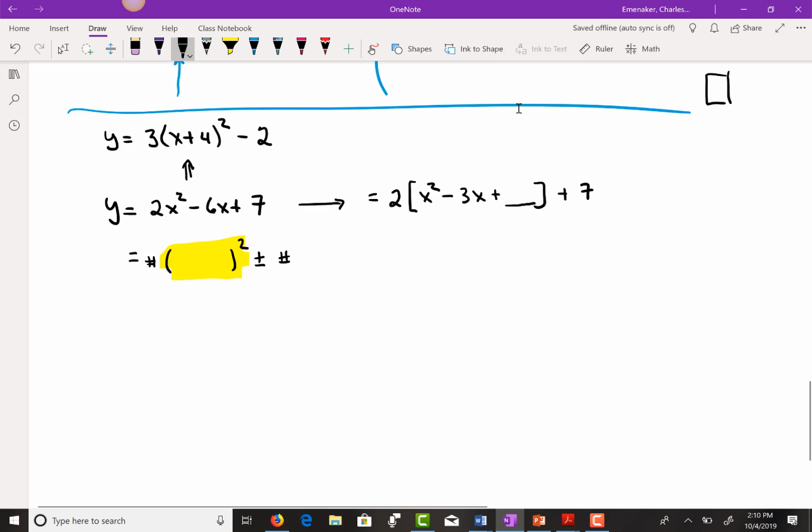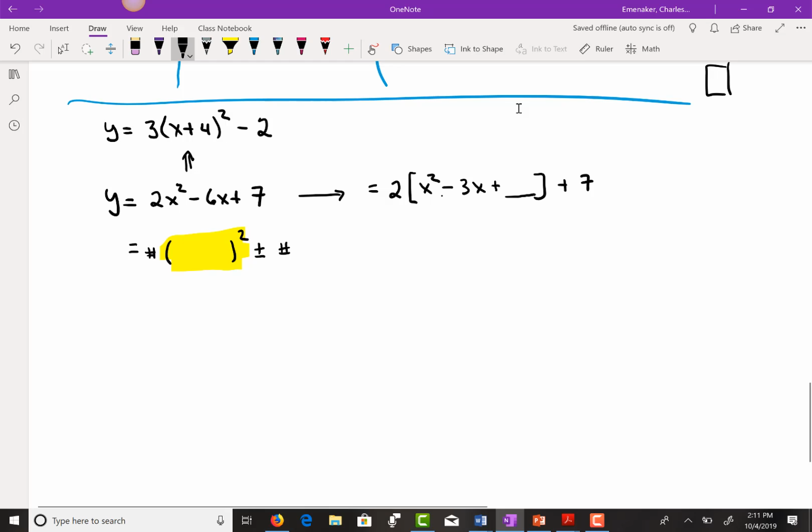The way you rig it is you come up to whatever this coefficient is here. You divide it by 2. You take half of it. And then you square it. Which in this case will give us 9/4.